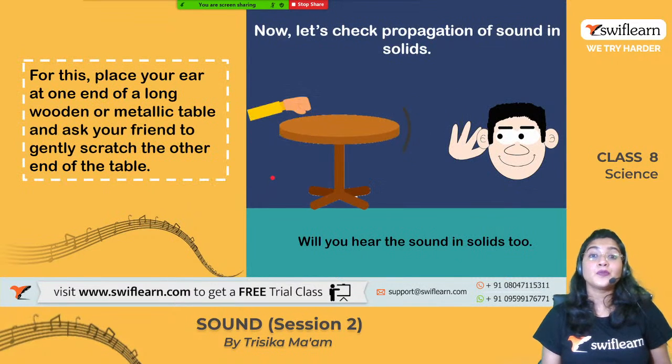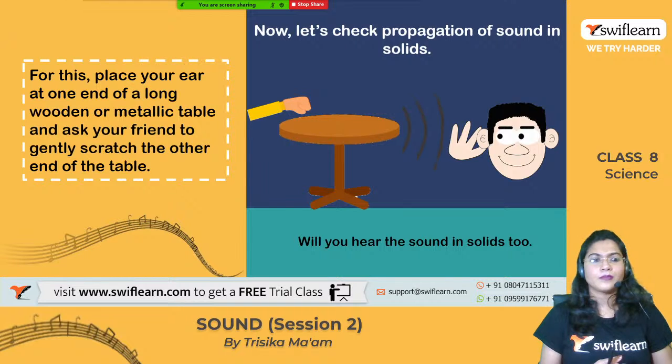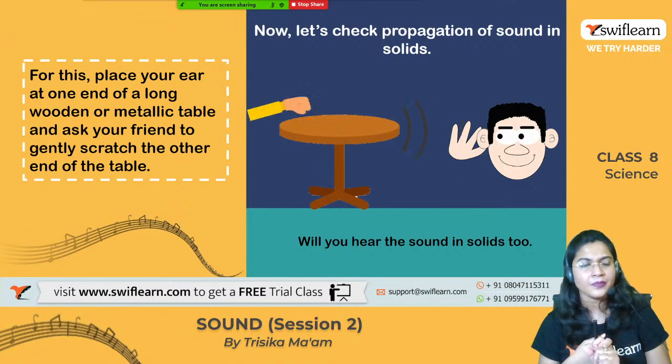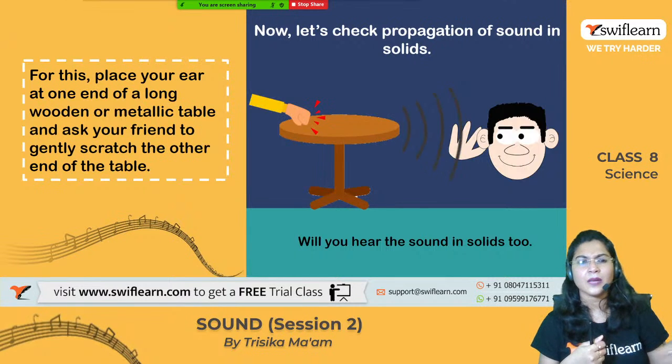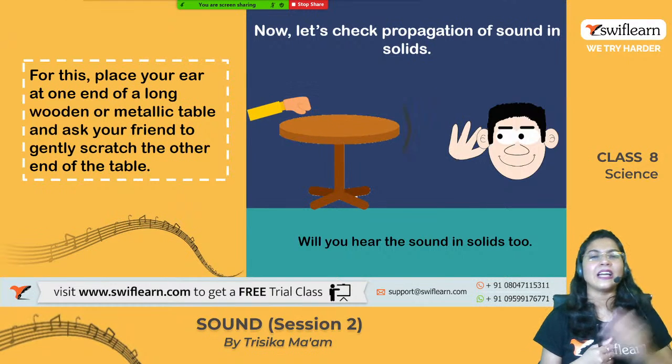Now, let's move on to another type of medium. Think about a solid. Put your ear at one end of the table. It can be a metallic table or a wooden table. And tell your friend to scratch a little bit at the other end of the table.